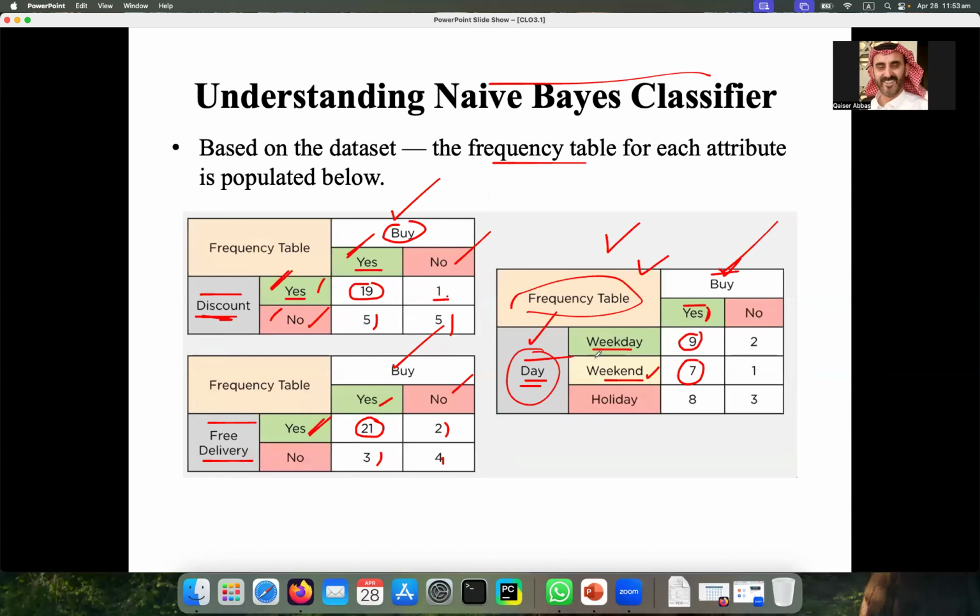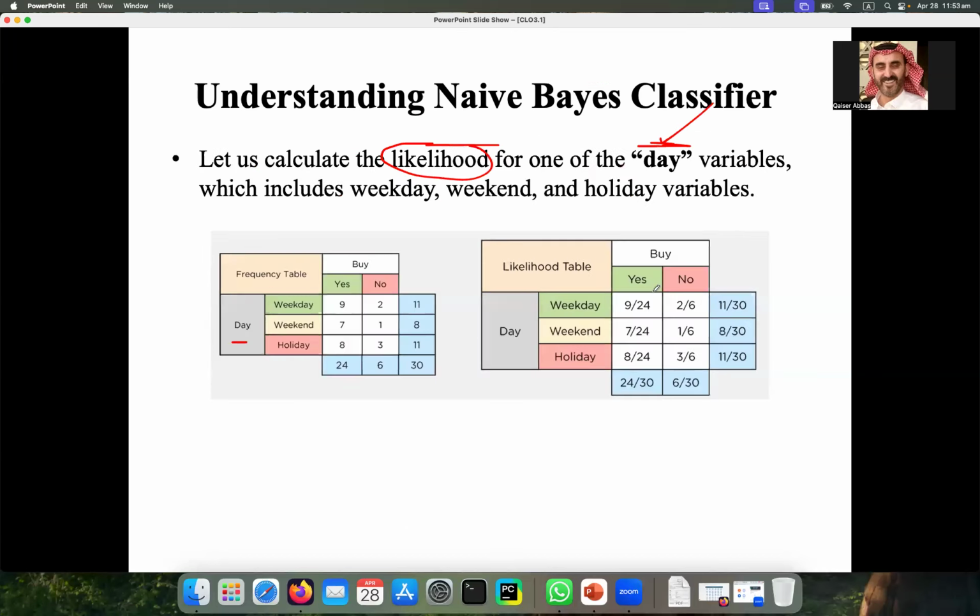I copied this table as the same copy here. These blue things are extra only. So what do you have to do? You have to sum this up. When you sum them up, you will get 24. This is the count, this is the frequency.